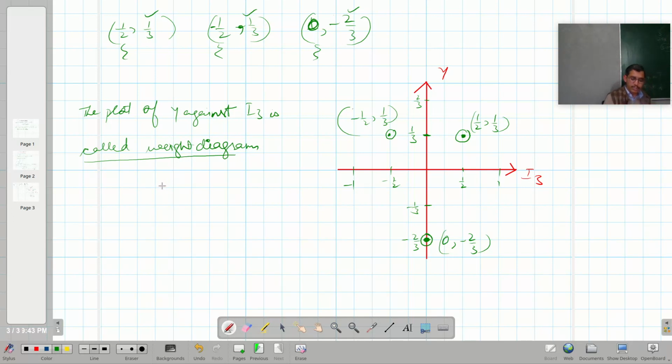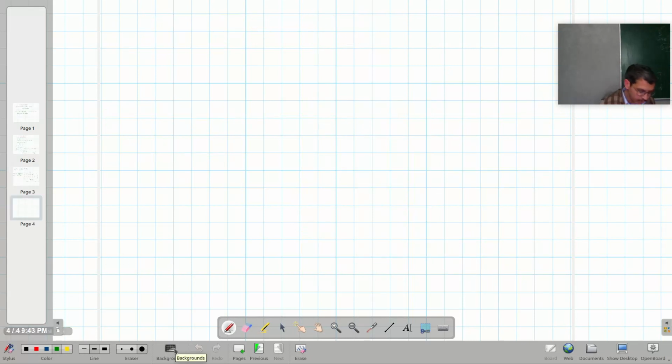Let me talk about the second part, right? And this is the diagrammatic representation of fundamental triplets in the form of a weight diagram. So let me talk about the next part. The next part of this lecture is the action of step operator.